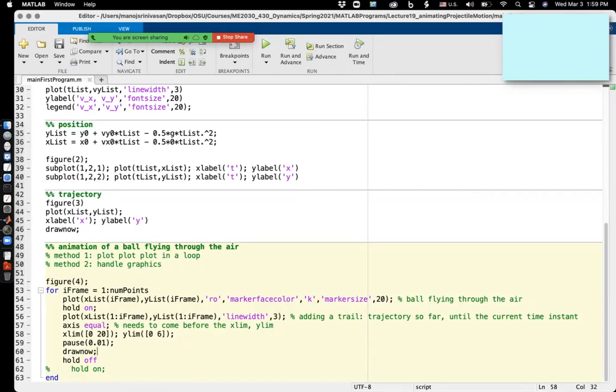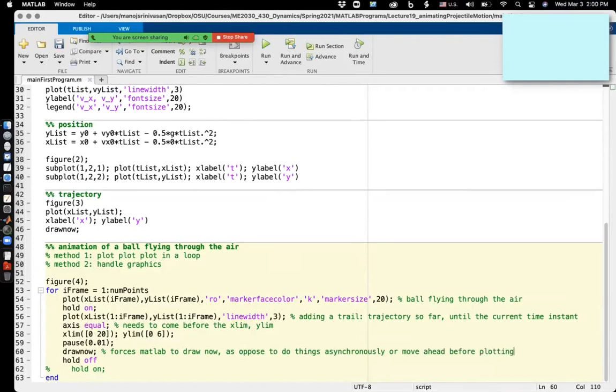And then we use this command called drawnow. This forces MATLAB to draw now, as opposed to do things asynchronously. So MATLAB can basically look ahead and sort of, anyway.